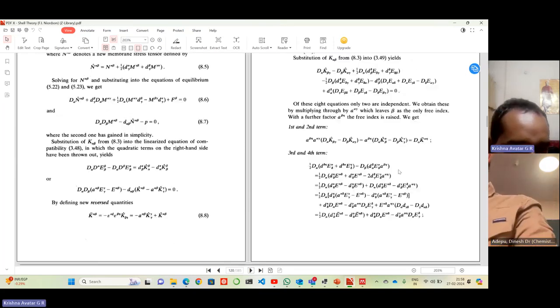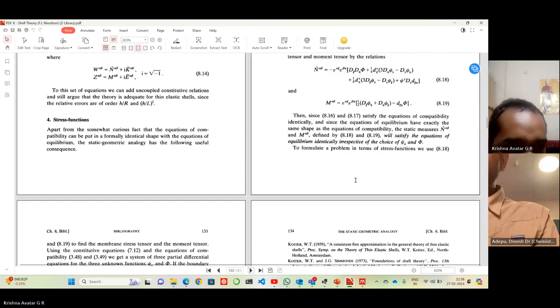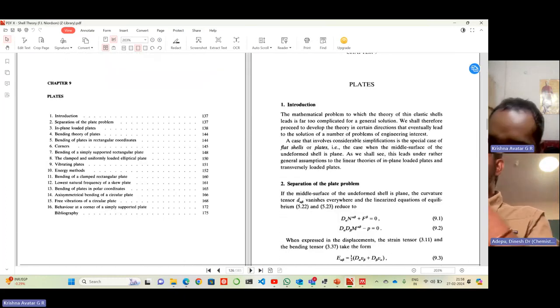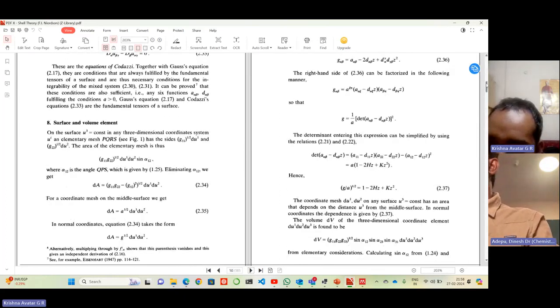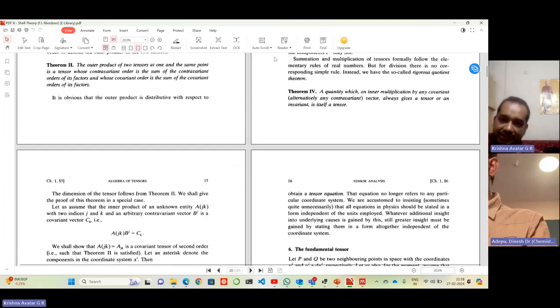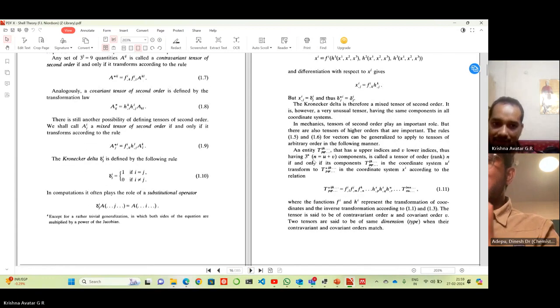It seems we may have to go to chapter 1 itself, because he has not presented it anywhere. Okay, plates is not necessary. Capital E is the strain, yes. E is the in-plane, I mean, membrane strain. So it's in-plane only.